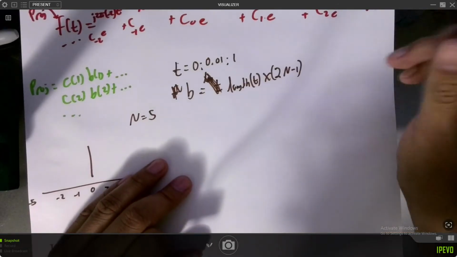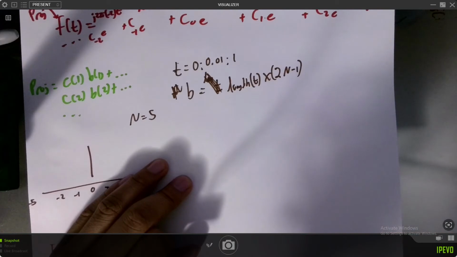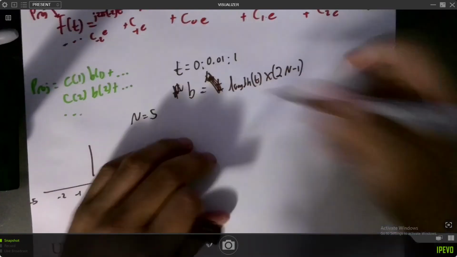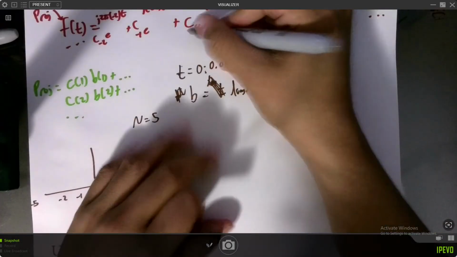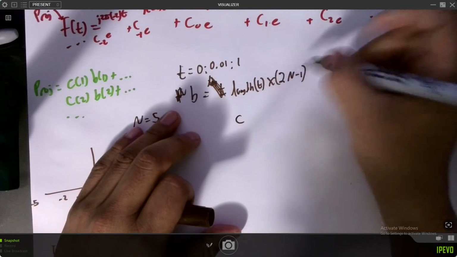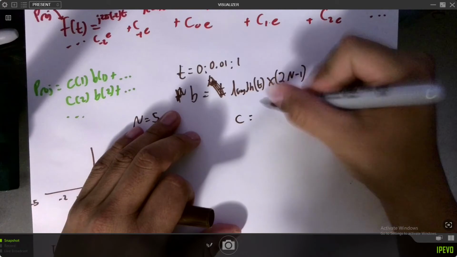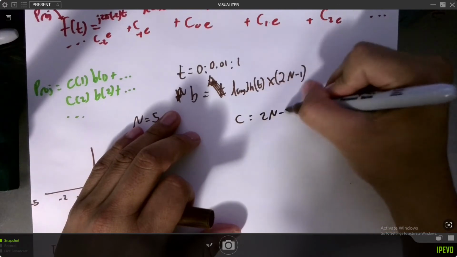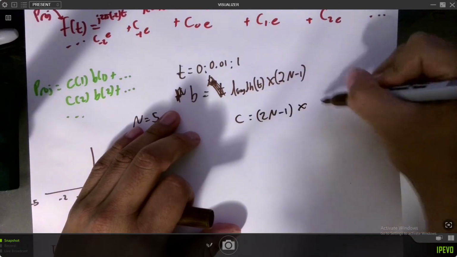These values right here, you're going to have a vector c, which is basically a vector of 2n minus 1 by 1.